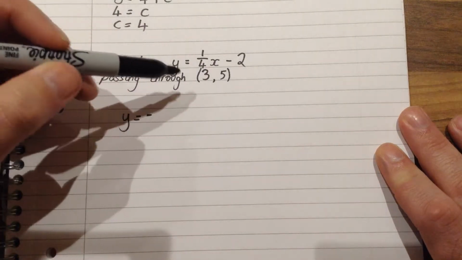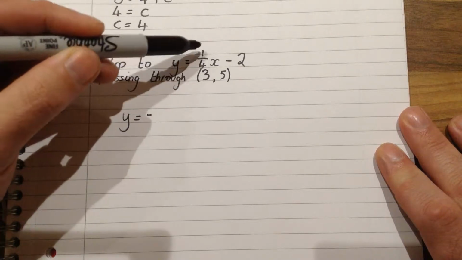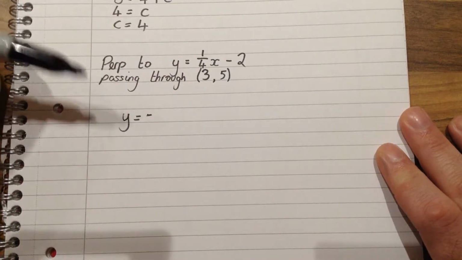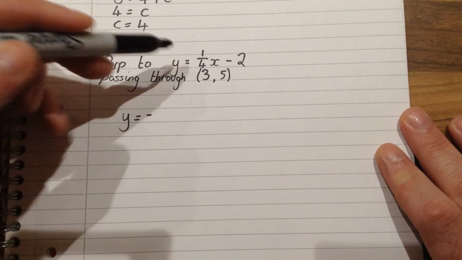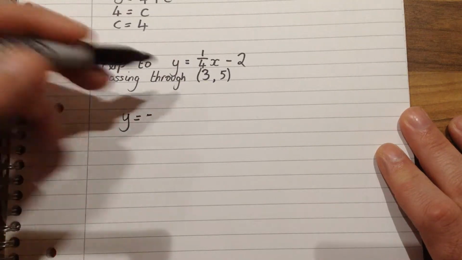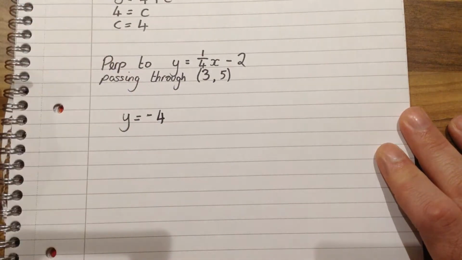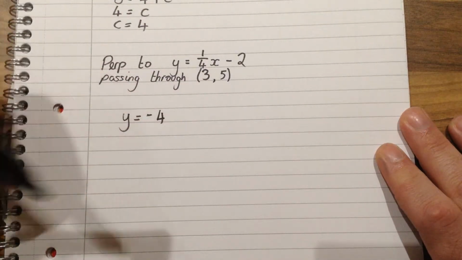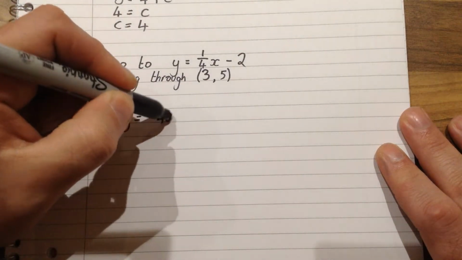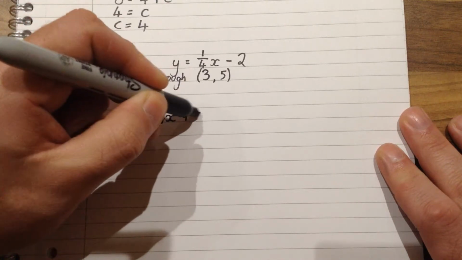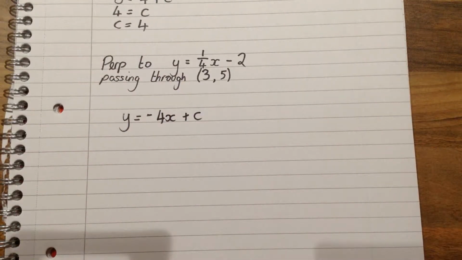Now just like with the last video, we've got 1 over 4, so it flips the fraction to become 4 over 1. I'm going to go straight to 4 instead of having to write 4 over 1 and deal with that. So it just becomes minus 4x plus something, we're not sure what yet.